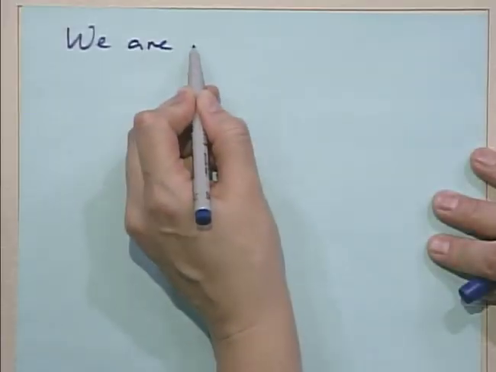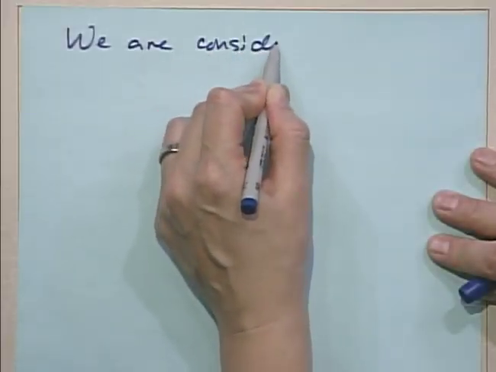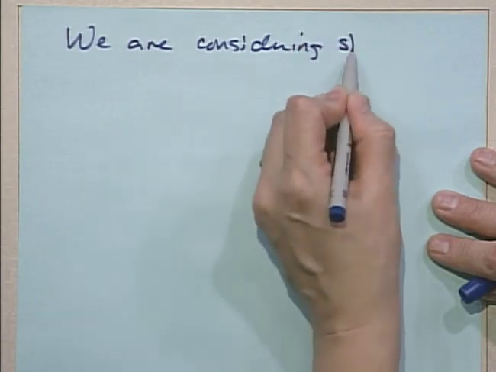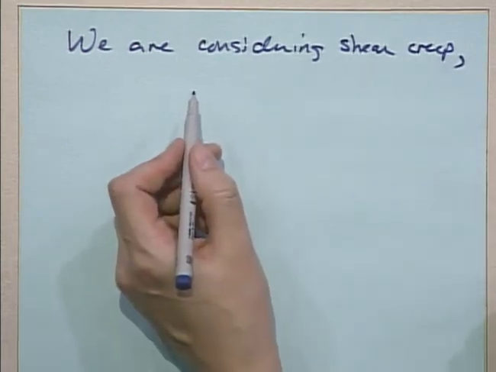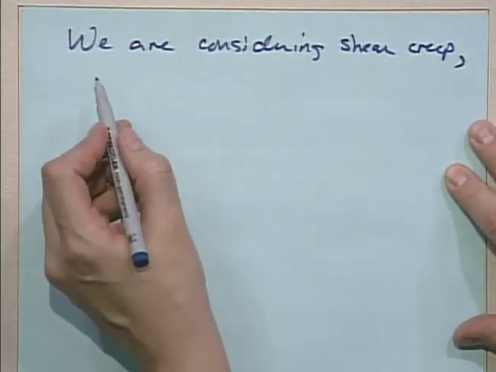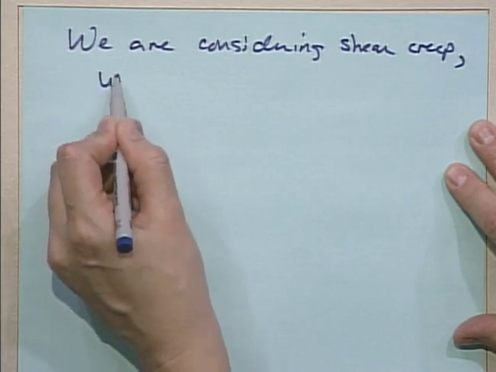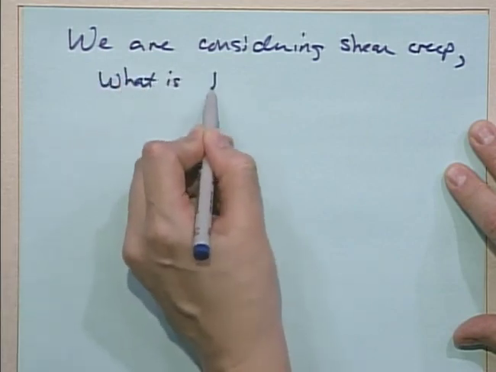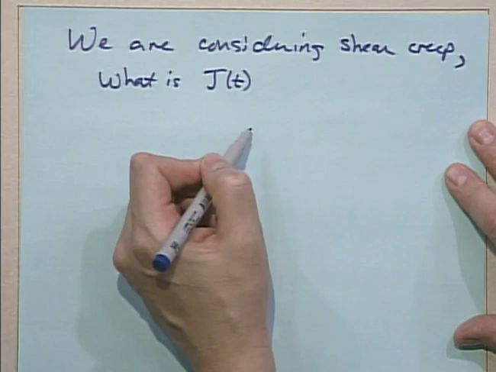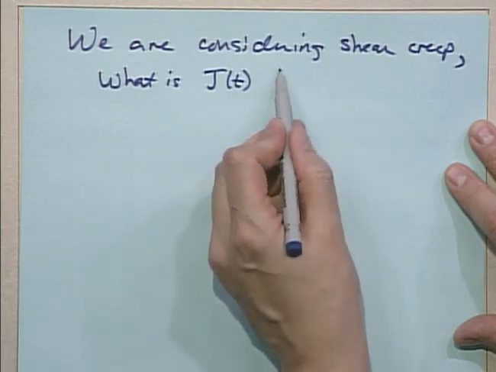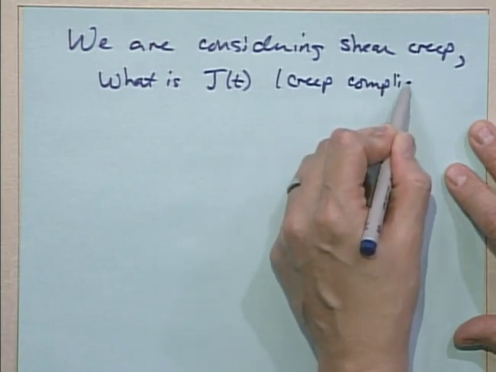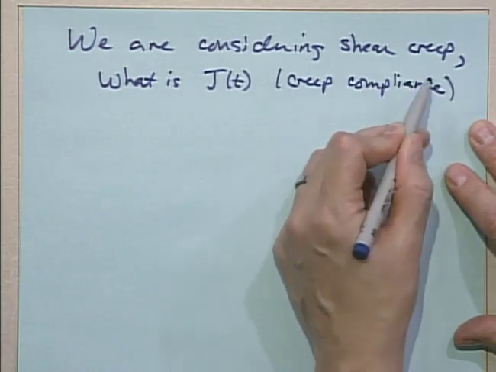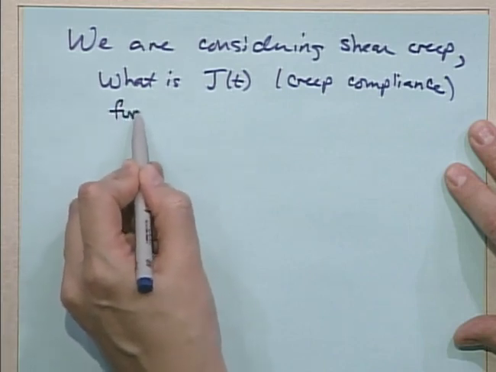So let me just say we are considering creep, shear creep, for a shear, and I'm going to ask the question, what is J of t? That's the material function for shear creep, called the creep compliance, for a Newtonian fluid.